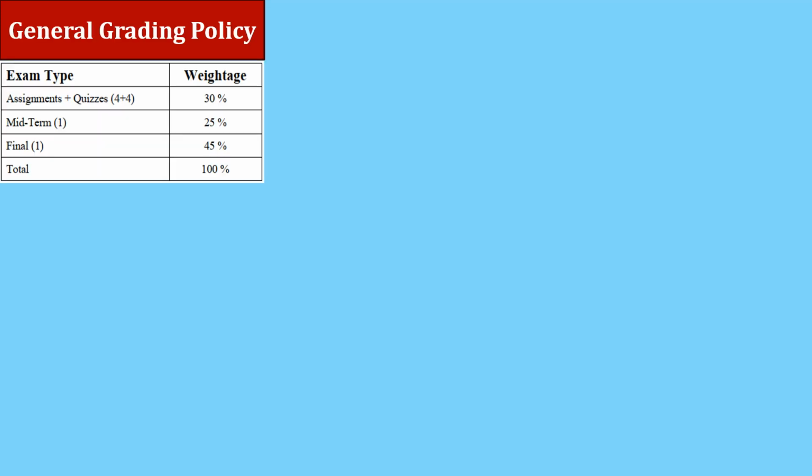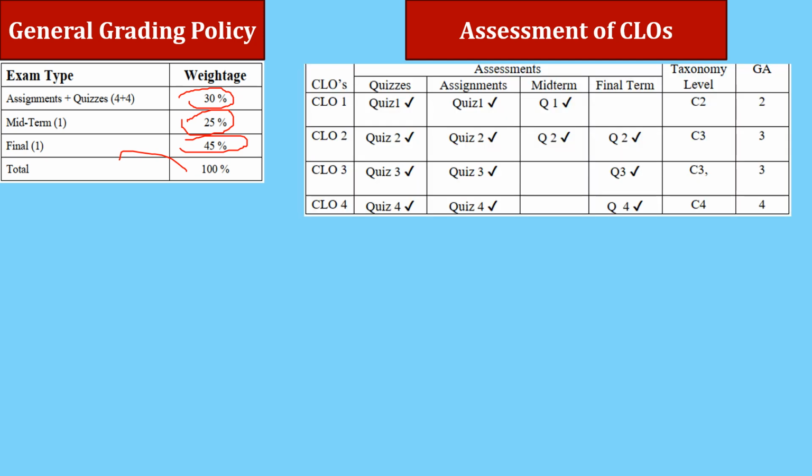This one is the grade policy, in which assignments are 30%, midterm 25% and final 45%, and we will have a total of this. Assessment of CLOs: quiz 1, quiz 2 and quiz 3 are based on CLO 1, 3 and 4, and the same for assignments 1, 2, 3, 4.